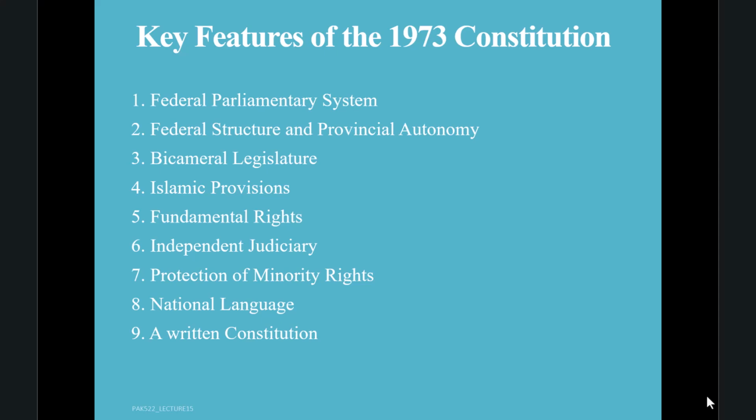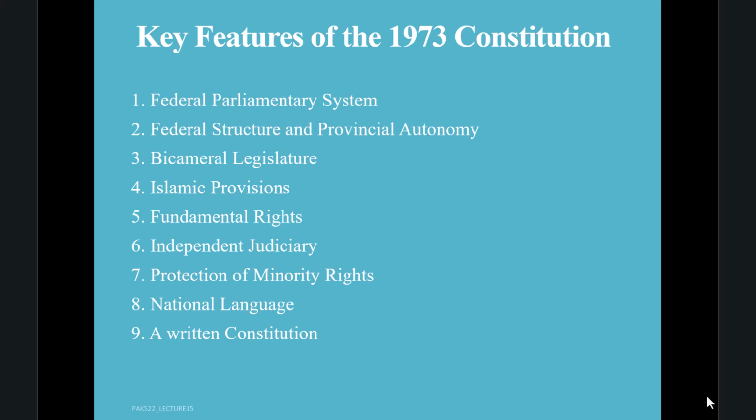Now the Islamic provisions of the 1973 Constitution. The Constitution reflects the Islamic identity of Pakistan through several provisions. Article 2 declares that Islam shall be the state religion of Pakistan. Article 227 states that all laws must be brought in conformity with the Quran and Sunnah.